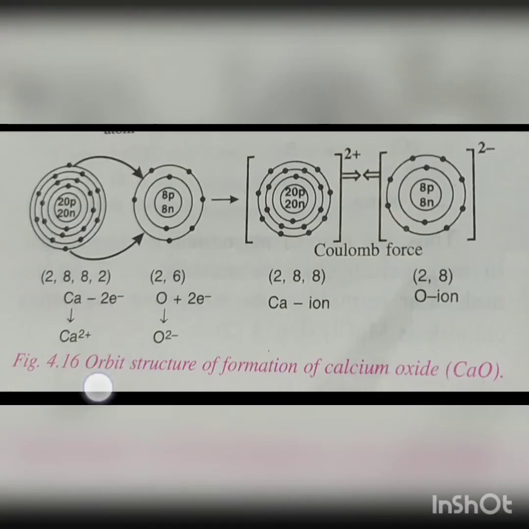The orbit structure for the formation of calcium oxide is as follows. Calcium with the electronic configuration 2,8,8,2 gives its 2 electrons to oxygen, whose electronic configuration is 2,6, forming calcium ion Ca2+ and oxide ion O2-.